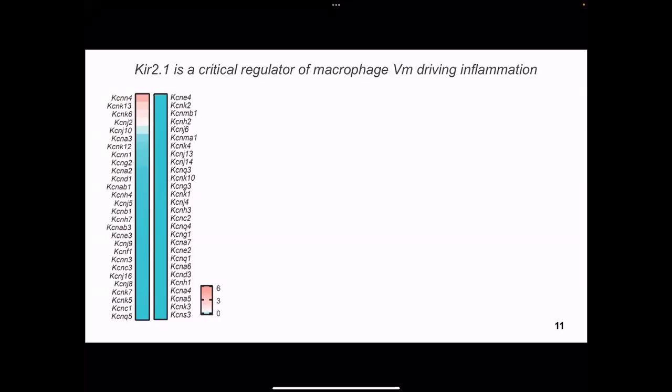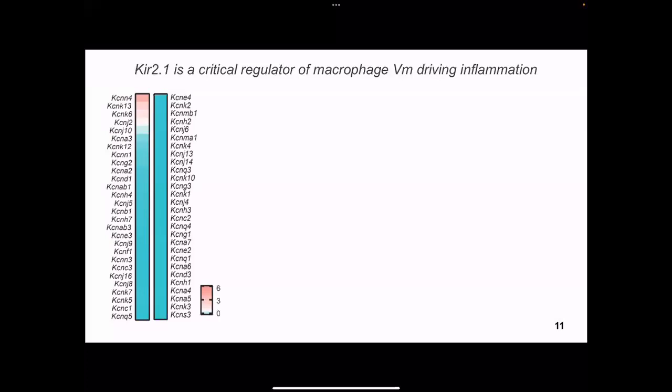Among them, we focused on the inwardly rectifying potassium channel KIR2.1, which mainly plays roles in regulating the membrane potential in excitable cells, such as cardiomyocytes and smooth muscle cells.